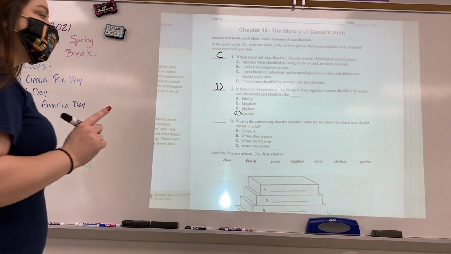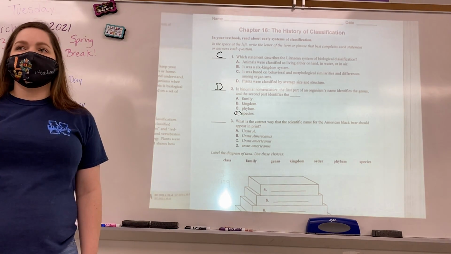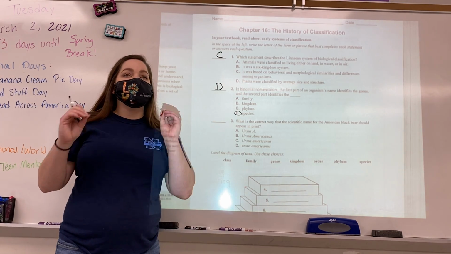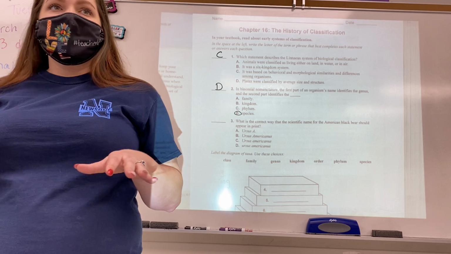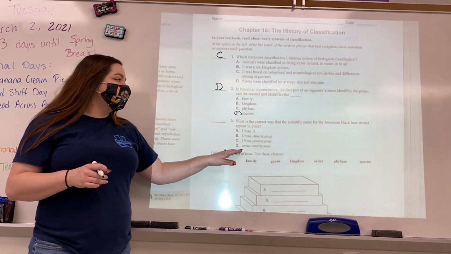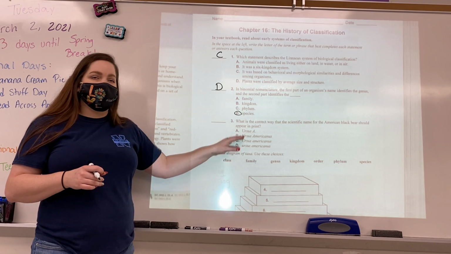Now, the important thing that y'all need to know is how to write a scientific name. You don't need to know the scientific name of the species, but you do need to know how it is written correctly. So you have these 4 choices for the classification of one of the American bears.